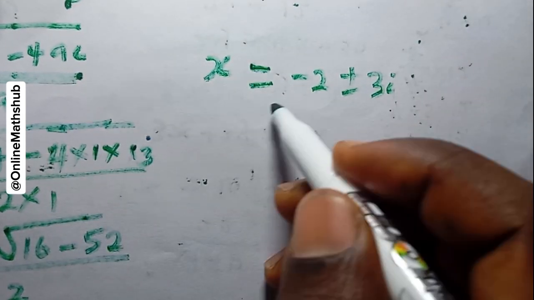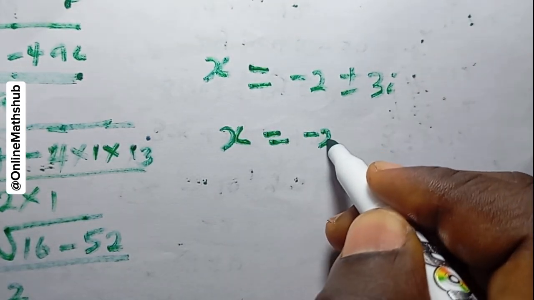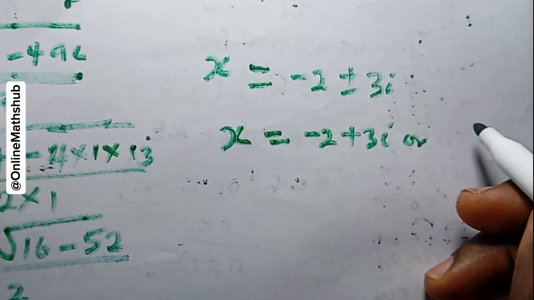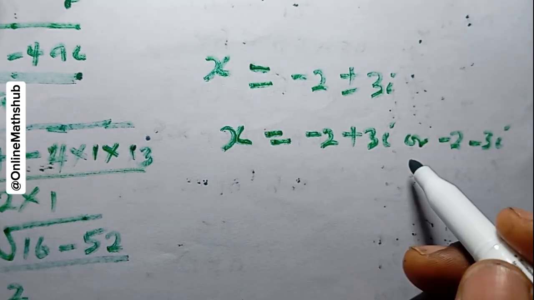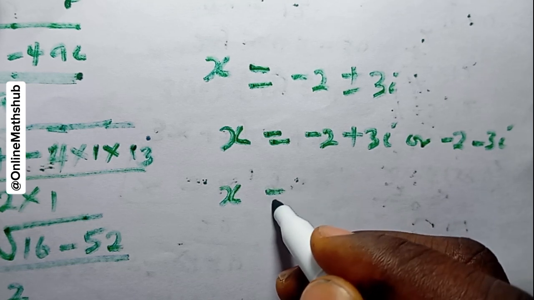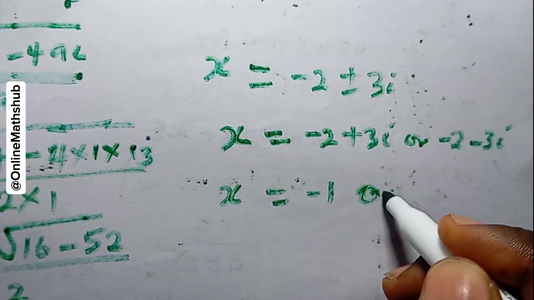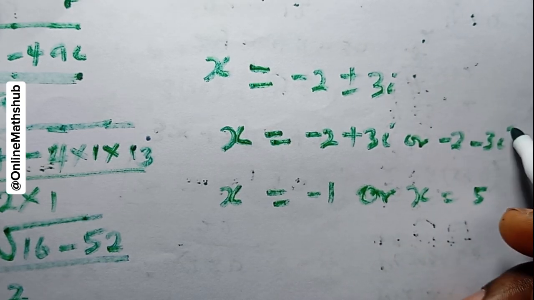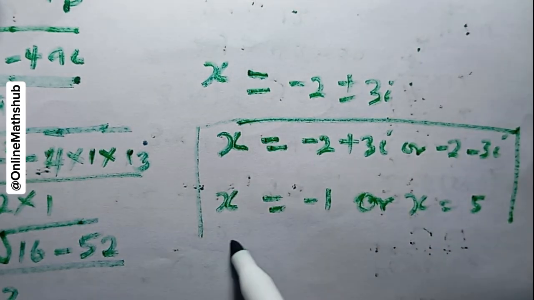These are the remaining two values of x. So x is minus 2 plus 3i, or minus 2 minus 3i. If you combine it with the previous two values of x, which is x equal to 1 or x equal to minus 5, these are going to give you the 4 roots of this equation.